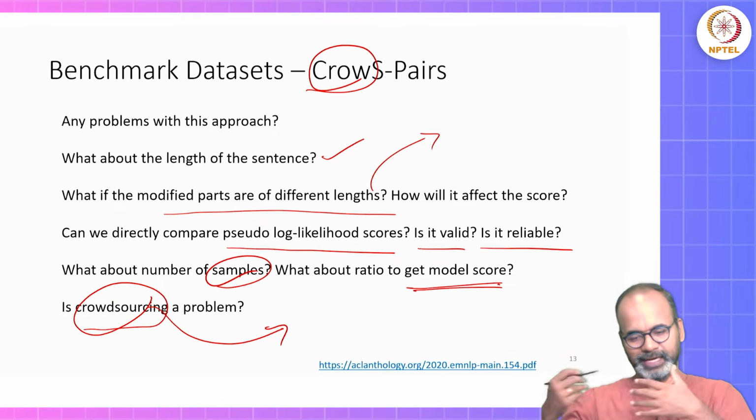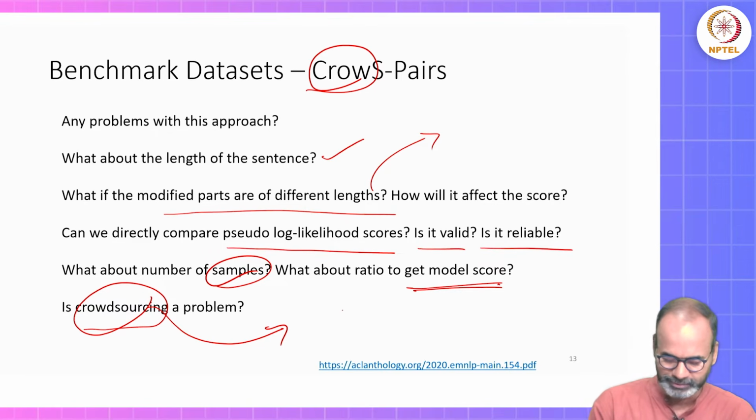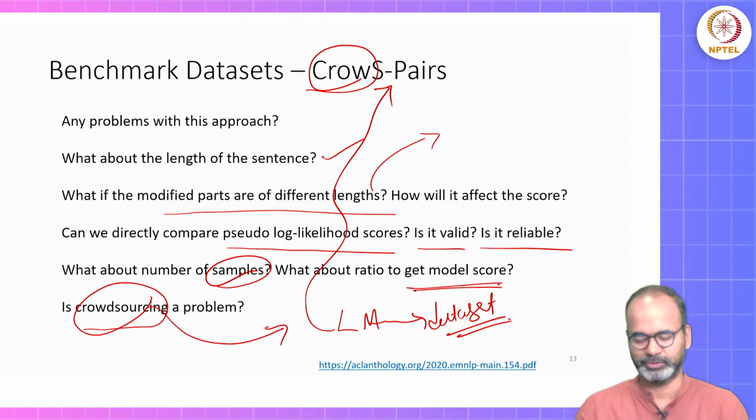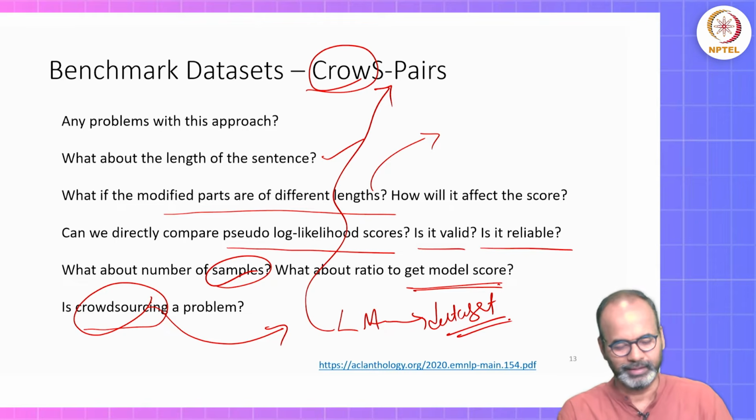And of course, as things got better, you will later see that language models themselves are being used to create the pairs, to create the data set. Meaning I'm sure you can tell ChatGPT, look, give me sentences that are like this.